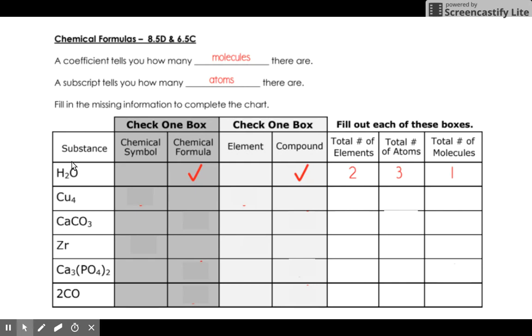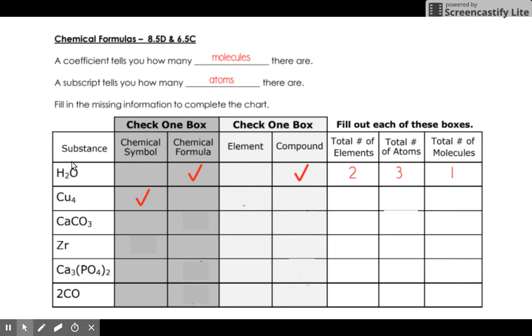Let's look at Cu4. I know that this is a chemical symbol because it is 1 element that's just 4 atoms of that 1 element. It's not a combination of elements. It's just 4 little copper, not molecules, but 4 copper atoms combined together.